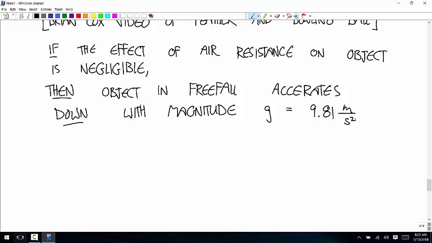That's sort of an average at sea level on Earth. Yep.